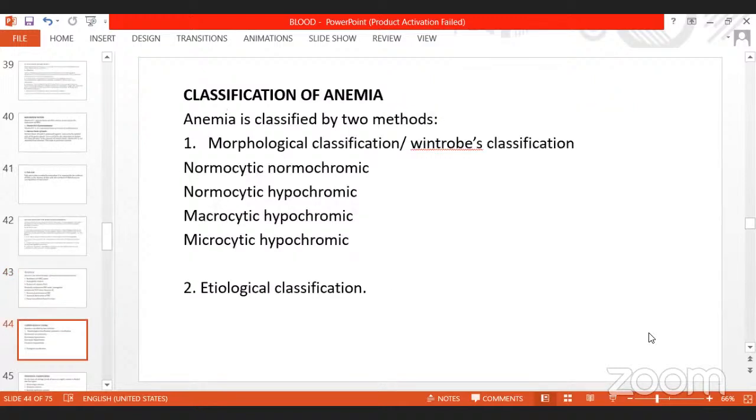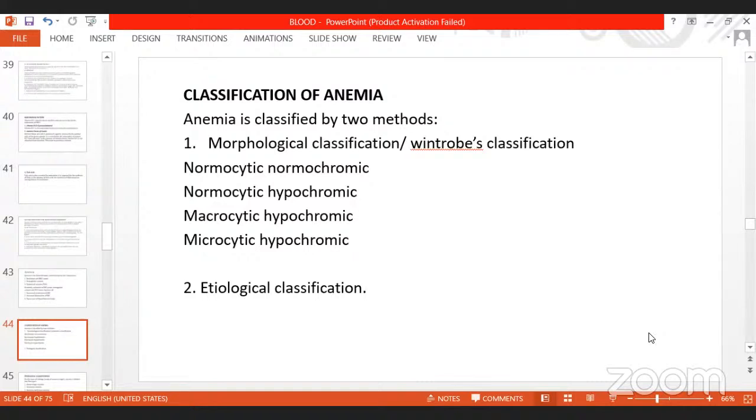In this state, we can classify anemia into two, that is morphological and etiological. Morphological classification is also known as Wintrobe's classification. The morphological changes are like normocytic normochromic anemia, normocytic hypochromic anemia, macrocytic hypochromic anemia, or microcytic hypochromic anemia.